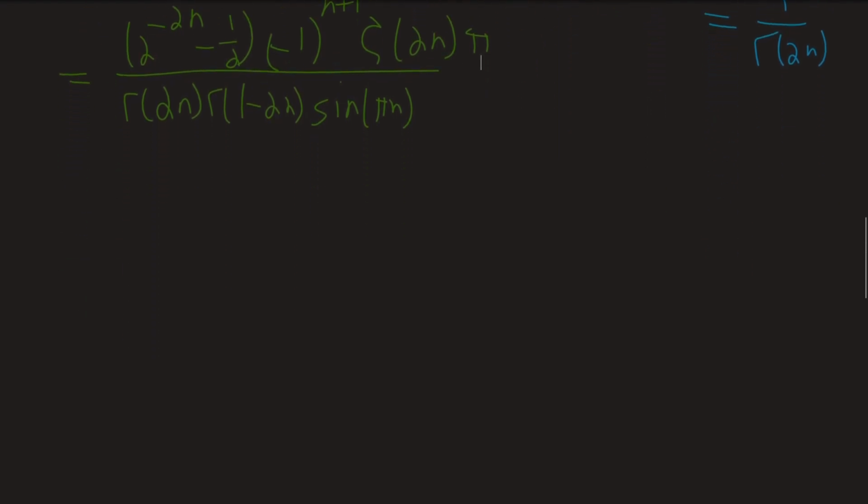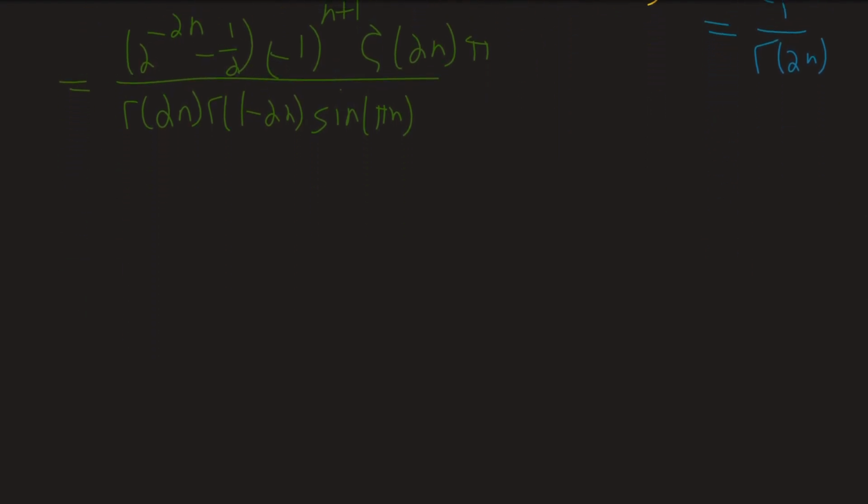Okay. So, now that we've kept track of all of our terms, what we can do now essentially is apply Euler's reflection identity. And that right there, if you do permit me to change colors again, is gamma of 1 minus some s times gamma of s is equal to pi over sine of pi s.